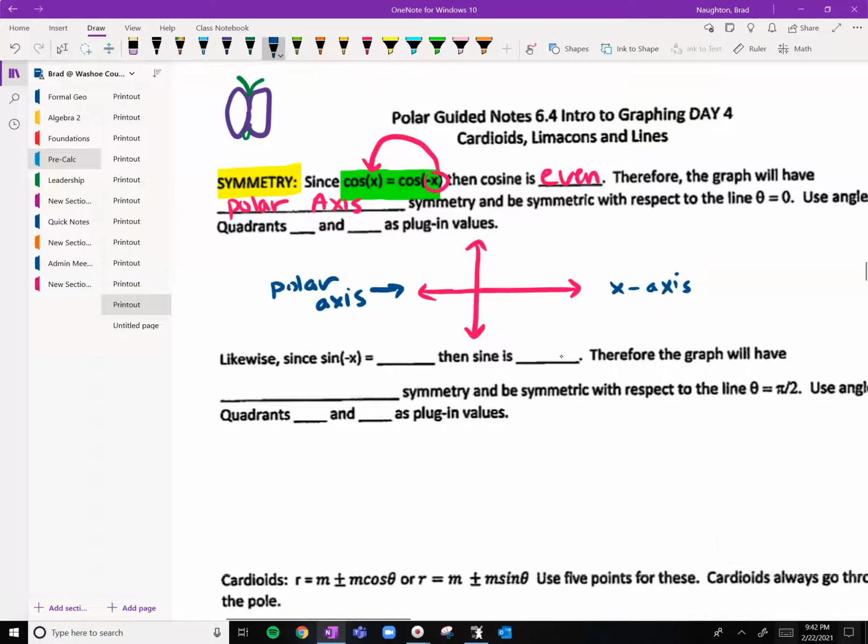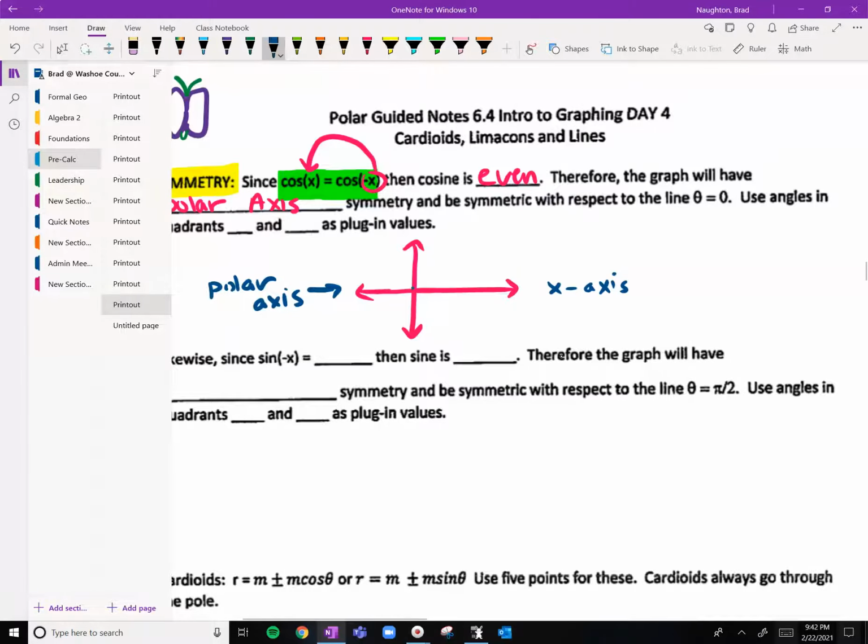So when we started to draw our circle, what we noticed is that when we put in the values that were supposed to be negative, it just moved us back down here to be symmetric. So this right here is our mirror image, and that's why we got to move things around. So it is going to be symmetric with respect to the line theta equals 0, which again is that polar axis.